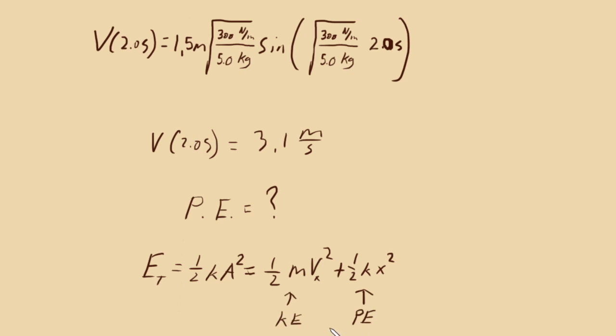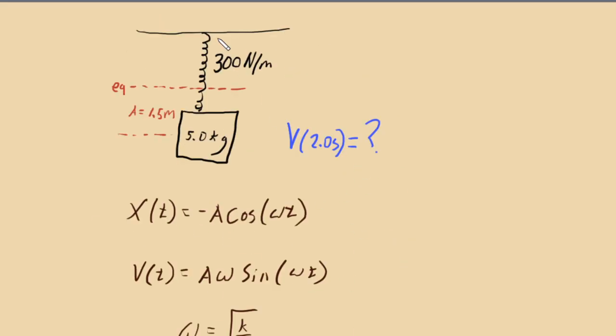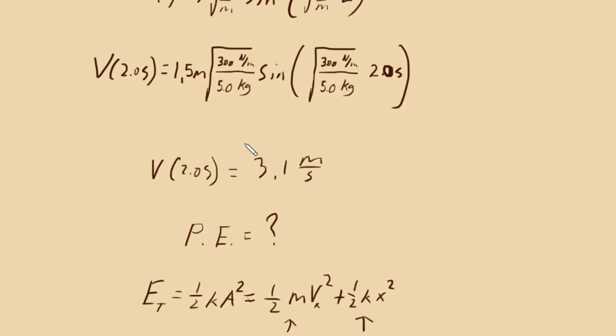And we also still have some potential energy, because initially we have it all stored in potential energy. By the time we get to equilibrium, we no longer have potential energy, just all kinetic energy. As this box oscillates up and down, we're going from total potential energy, to total kinetic energy, and back to potential energy. So in between equilibrium and max amplitude, we have some combination of potential and kinetic energy.